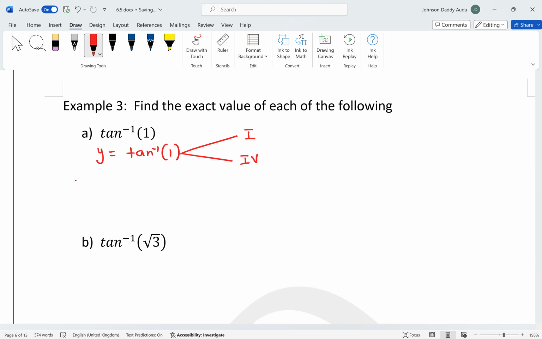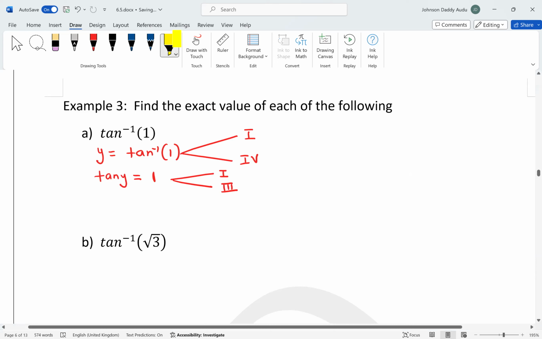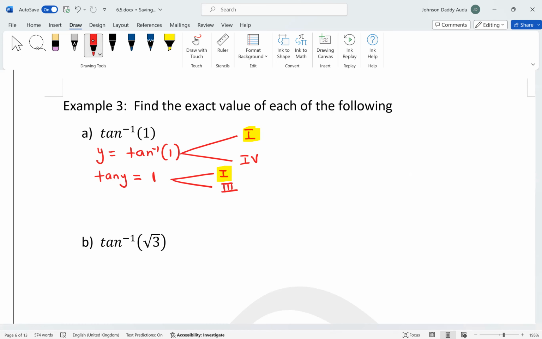Then here, this means that tan y is just 1, right? But tan is positive in which quadrant? Either in the first or in the third. Now, this will have to go with the first quadrant. So once we go with the first quadrant, we need to find the famous y star.